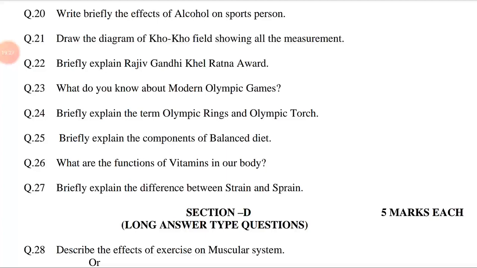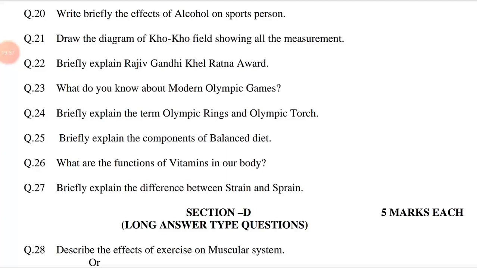Alcohol, the colorless liquid that is found in drinks such as wine, beer, etc. Sports person, a person who is involved in sports activity. This question is related to chapter number 5, Health and Family Education. The answer may be few effects of alcohol on sports person or as under.